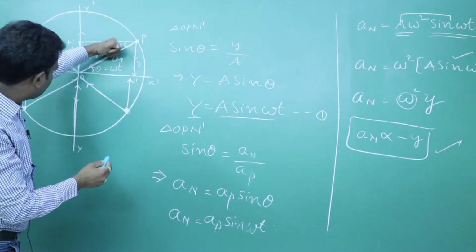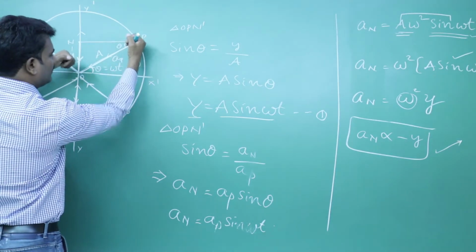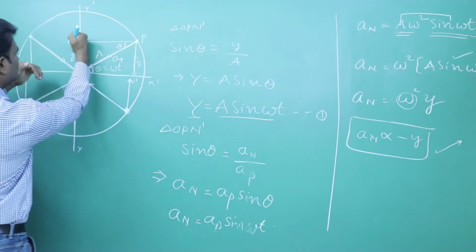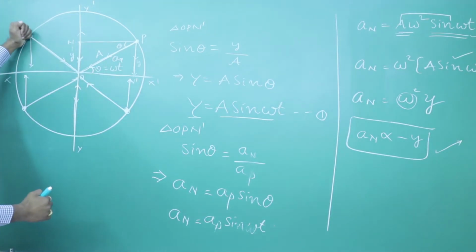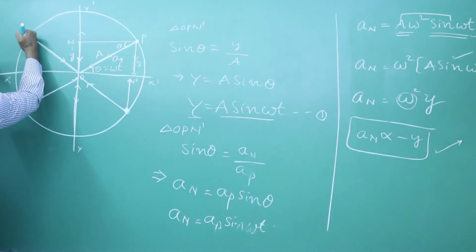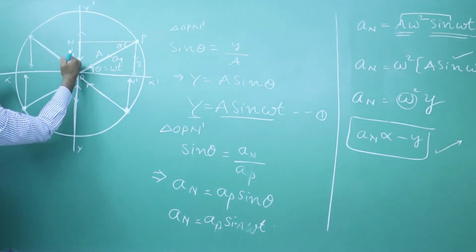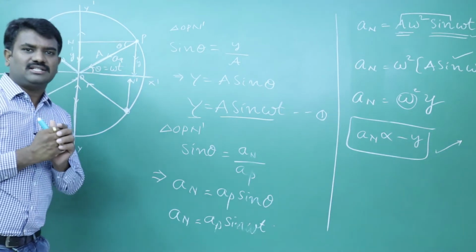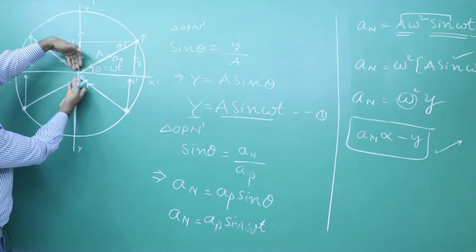As it is moving towards this point, the acceleration of the normal acts towards this point, means towards O. Means all the times the acceleration of the normal acts towards the point O, like this only.